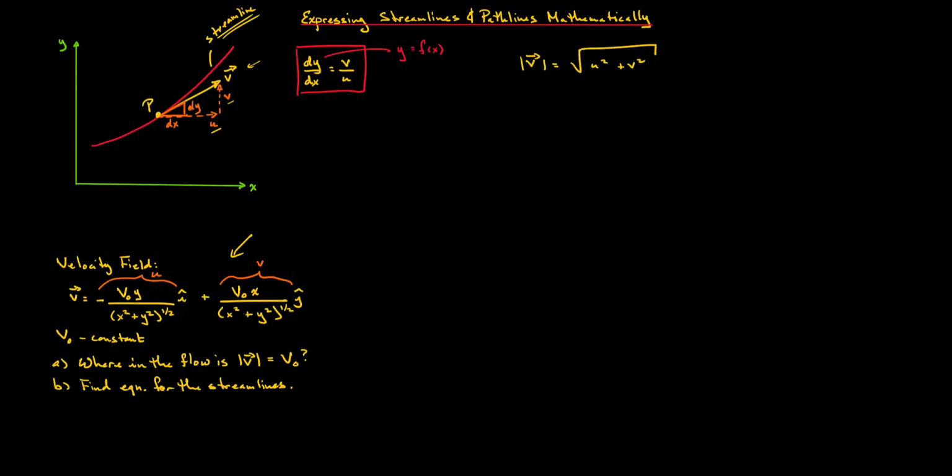So looking at our u and v components, u squared will be v naught squared y squared divided by x squared plus y squared, plus v naught squared x squared divided by x squared plus y squared. And all of this is raised to the power of 1 over 2.